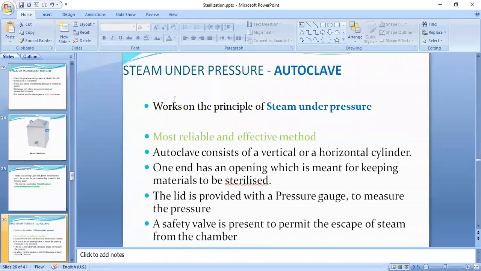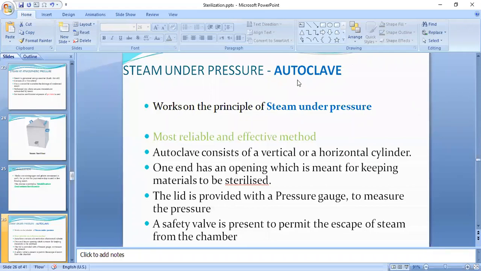So along with the temperature above 100 centigrade, pressure is applied. So the heat is transferred more efficiently to the articles that are sterilized, and the bacteria are killed more efficiently.